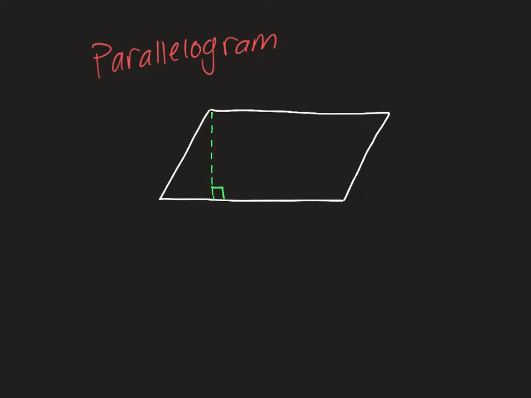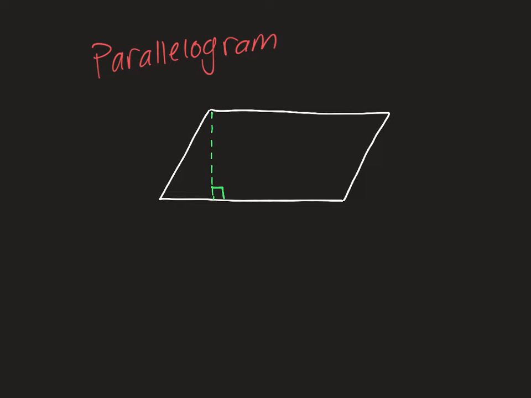Basically, yes. The formula is the same. So for a parallelogram, and really for any shape that we're going to deal with, the height is always going to form a right angle with the base.